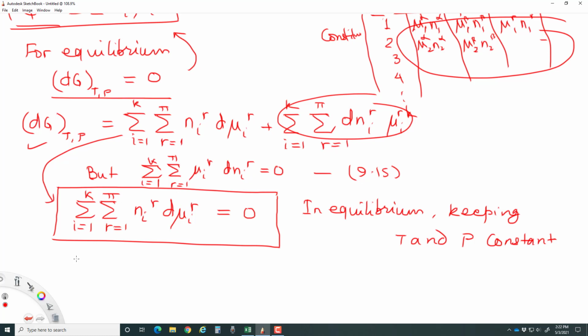No particle is entering or leaving the system, although there is change in the number between the different phases, for that particular constituent the total number is always the same.